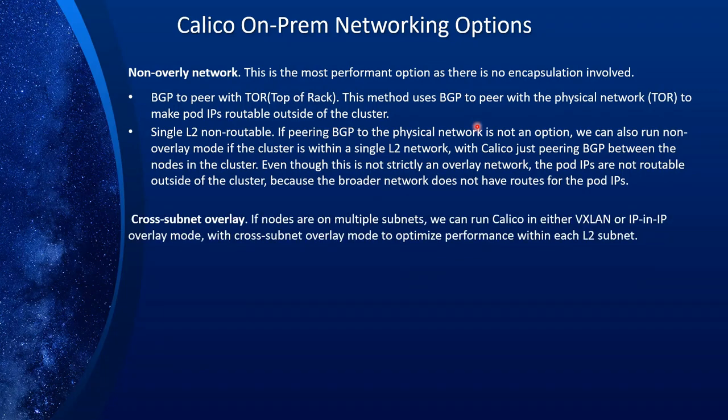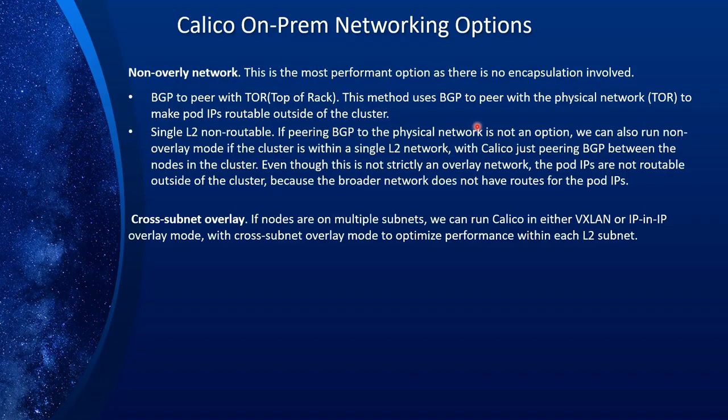If we are in a situation where we have our nodes on multiple subnets, then there's another option called cross-subnet overlay. And basically, the way it works is it configures in a way that for the nodes that are on the same subnet, it won't use any encapsulation.